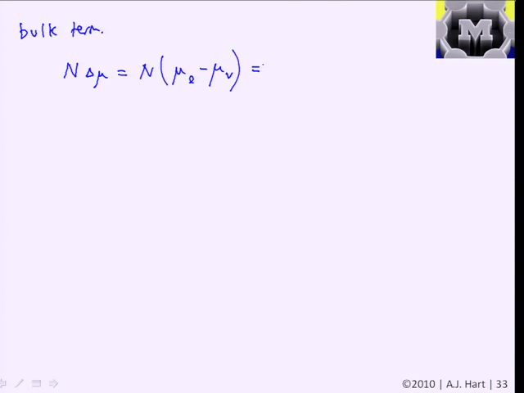And this is assuming that we have an ideal vapor, or essentially an ideal gas of our precursor in the system. And so we'll say that this is equal to minus n times the thermal energy, Boltzmann's constant times temperature, multiplied by the natural log of a parameter s, where we define s as the supersaturation, or the vapor pressure of our precursor in the system, divided by the equilibrium vapor pressure of the precursor at that certain temperature.